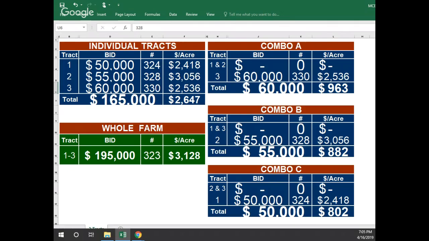Any further interest? Raise on an individual track, any combination of tracks, or a raise on the whole farm. Don't go home and join the Wish That Coulda Shoulda Club. Tomorrow morning's going to be too late, guys. The farm is going to sell tonight.